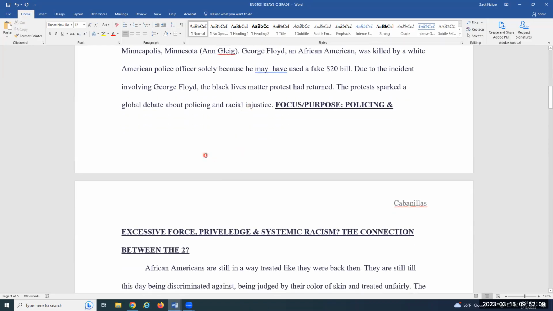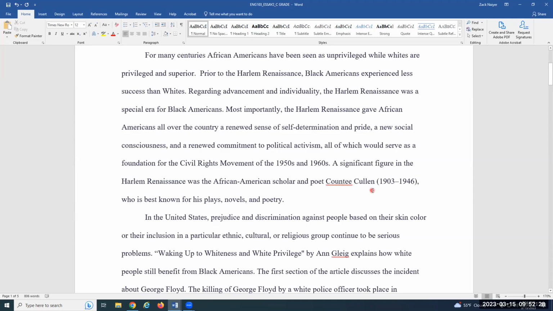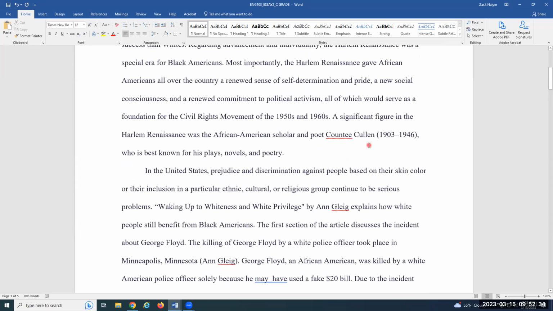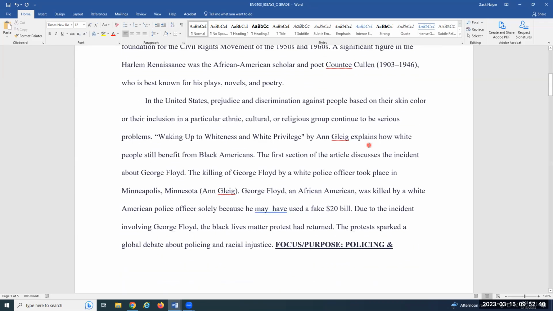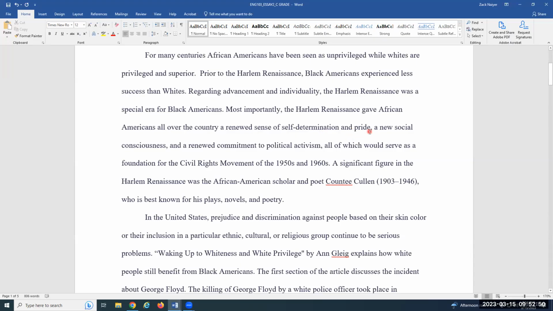Now, see, but the way that it ends, see, my question is, so what you see, what the student needed to do was at the end, like right here, the student needed to have a clear thesis statement that compared and contrasted the issue that Countee Cullen, I mean, a specific poem is never really referenced here, but an issue that Countee Cullen was addressing, maybe regarding notions of systemic racism and the existence or not of it, or maybe notions of self-determination and pride, as you know, in regards to what though?